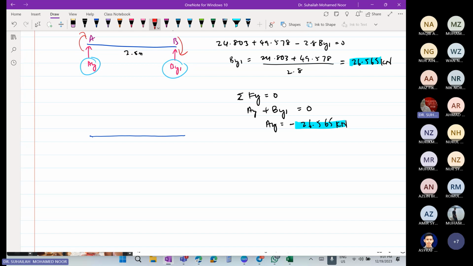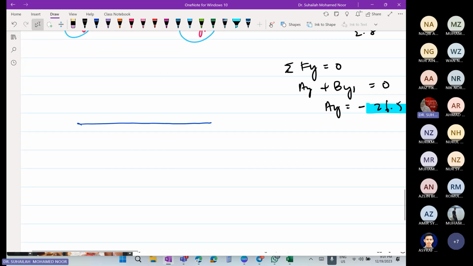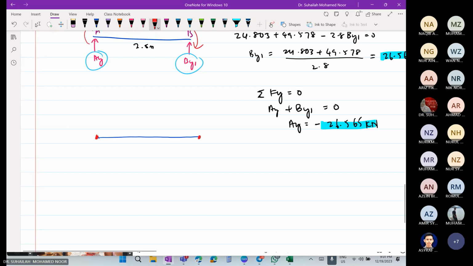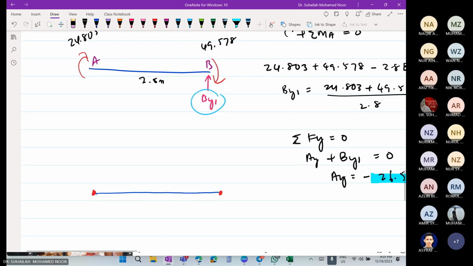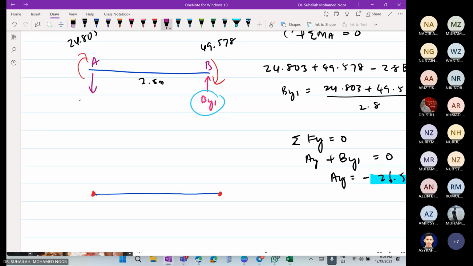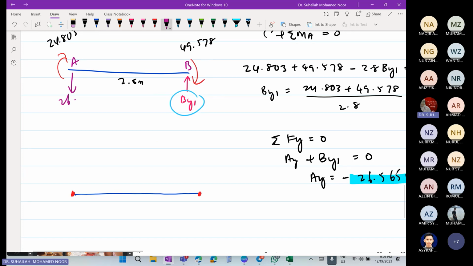Remember the diagram starts at 0 and ends at 0. AY is negative, which means in the diagram, this one is negative 26.565.